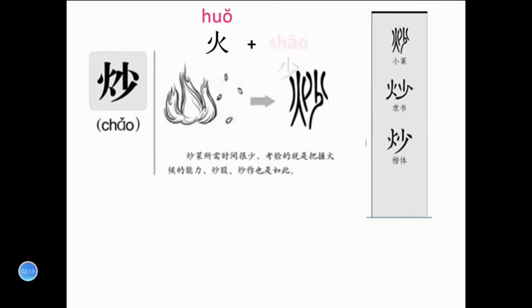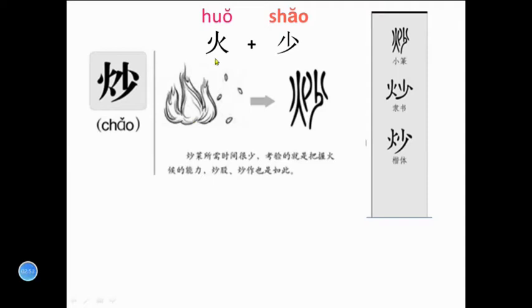And then the right part by itself means little or few. It's pronounced as 少, implying that the stir-frying process only takes a little time. However, the main function of the right part is to imply the pronunciation of the character, as it is pronounced as 少 by itself, which is very similar to the big character 炒.